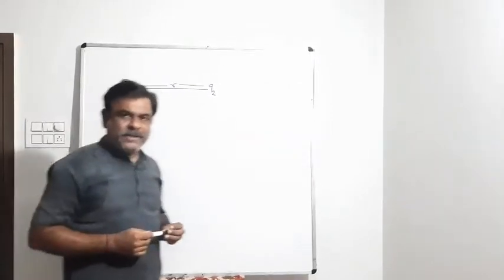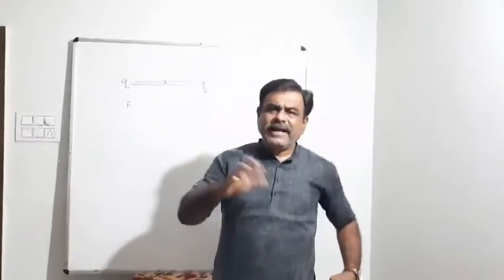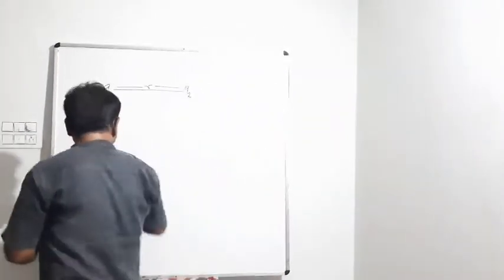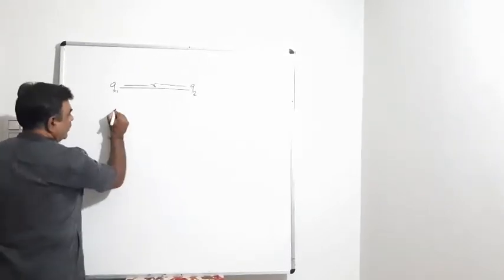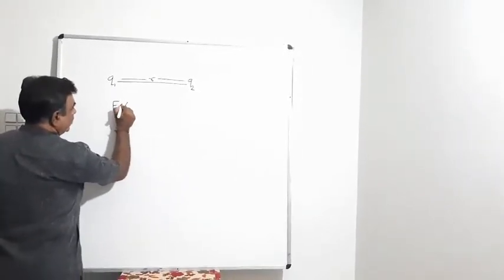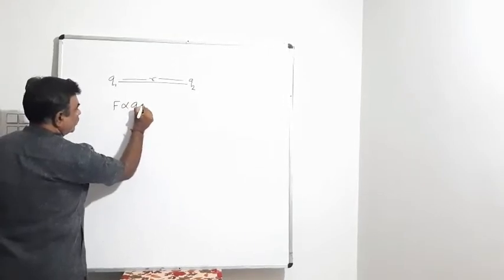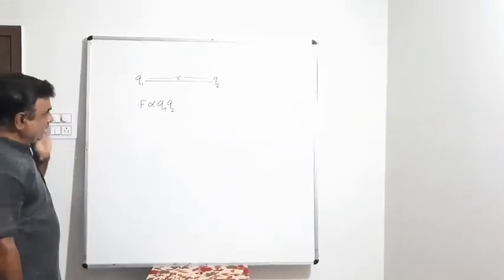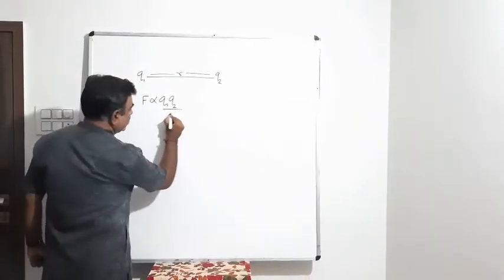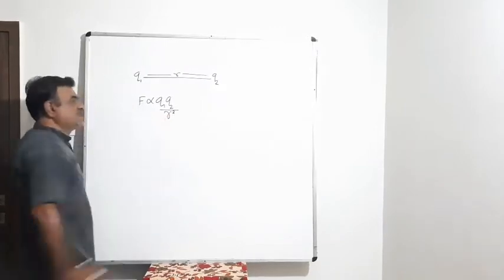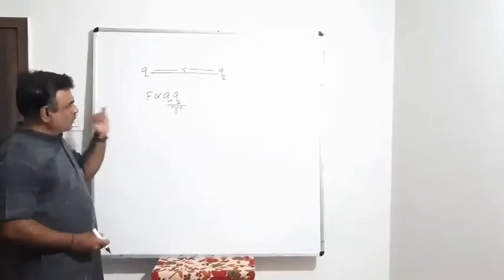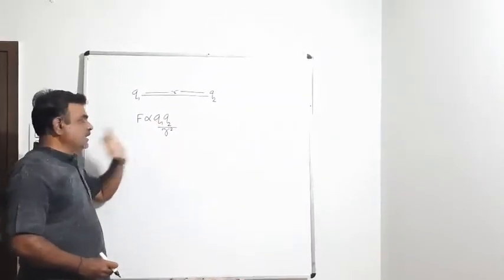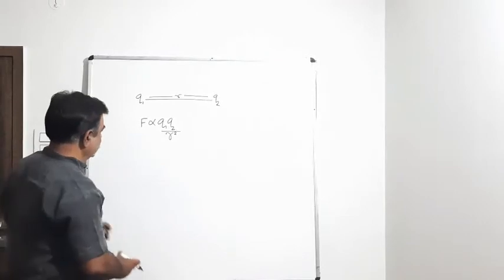Why say attraction or repulsion? You know the very basic fact that like charges repel and unlike charges attract each other. So the force of attraction or repulsion F is directly proportional to the product of both the charges, and at the same time inversely proportional to the square of the distance between them.